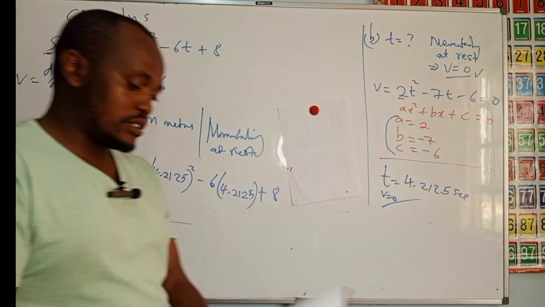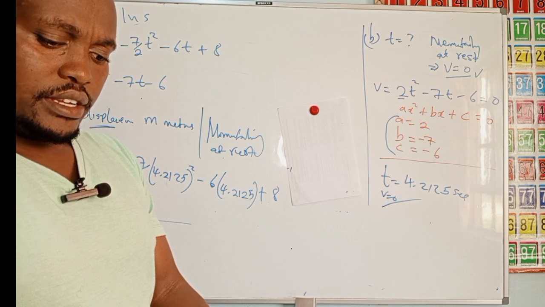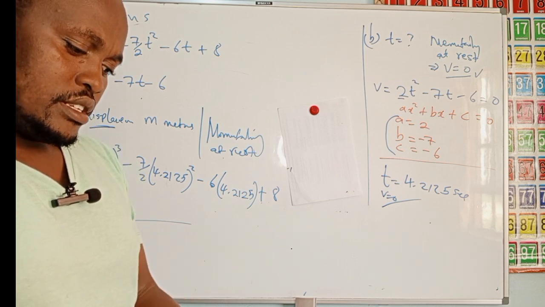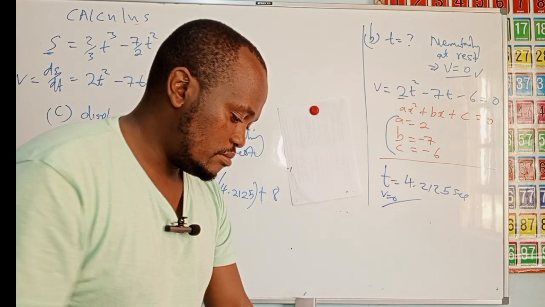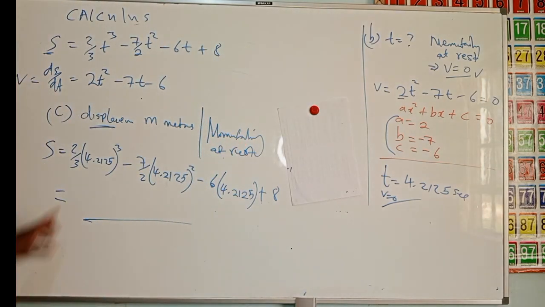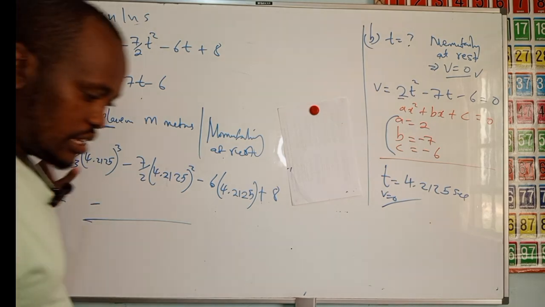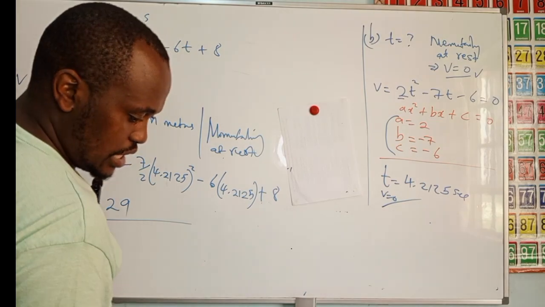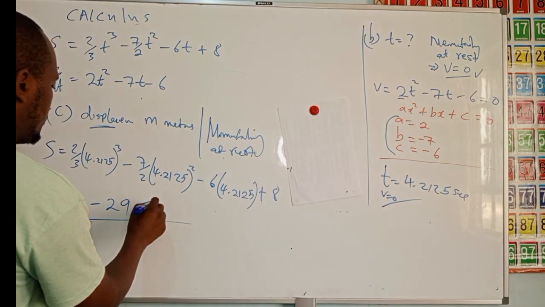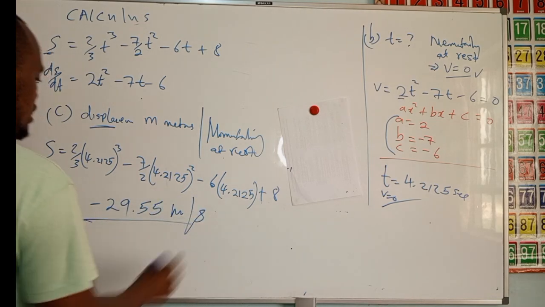This is the answer that I got: negative 29.548 or 55 meters.